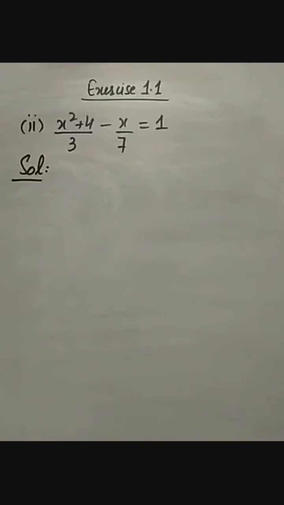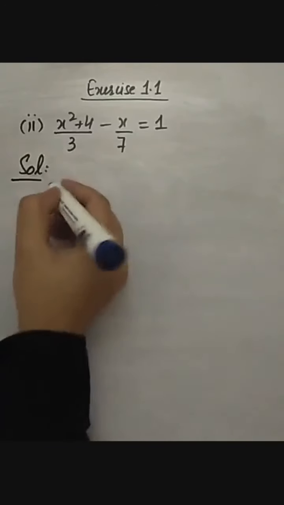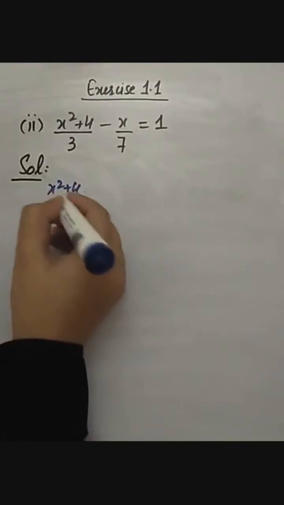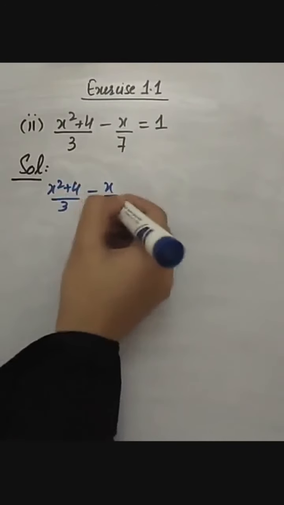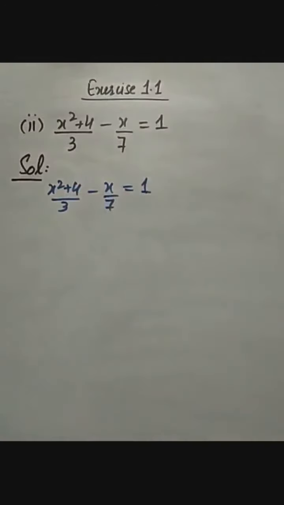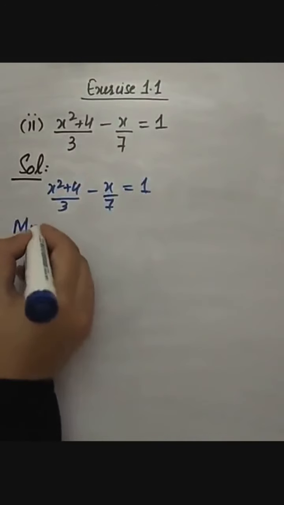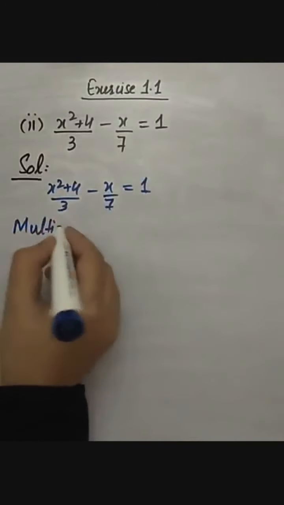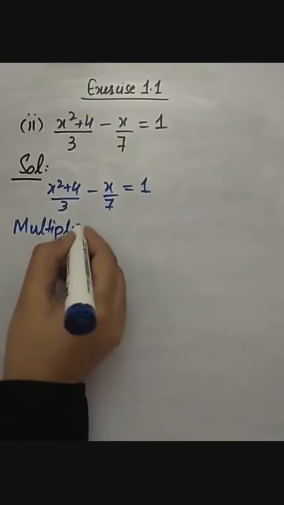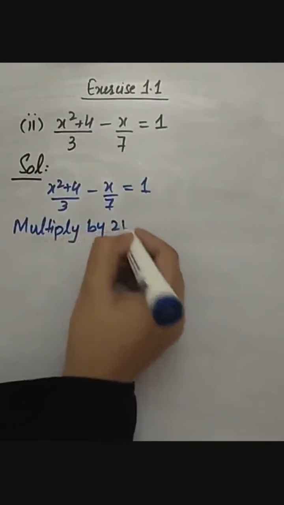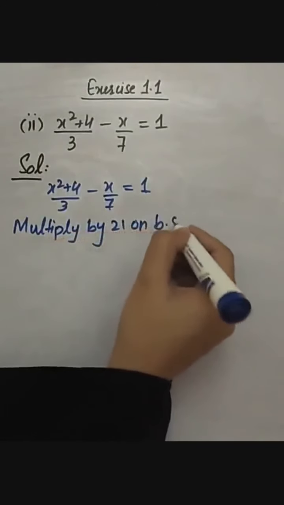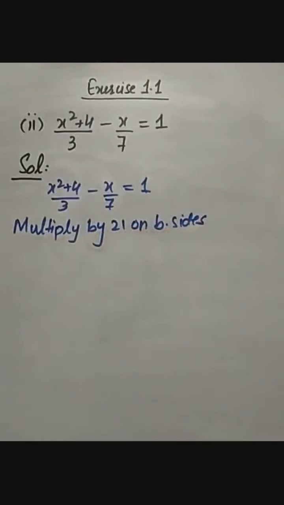Okay students, now part 2, x square plus 4 over 3 minus x over 7 is equal to 1. It is in fraction form, so we have to take LCM. What is the LCM of 3 and 7? It's 21. So multiply by 21 on both sides.